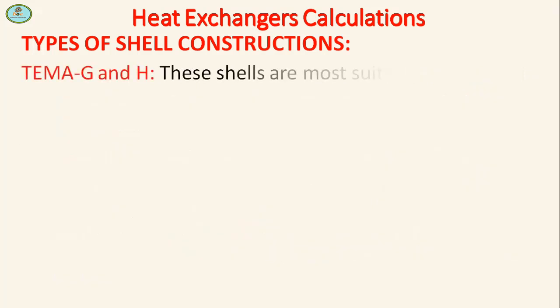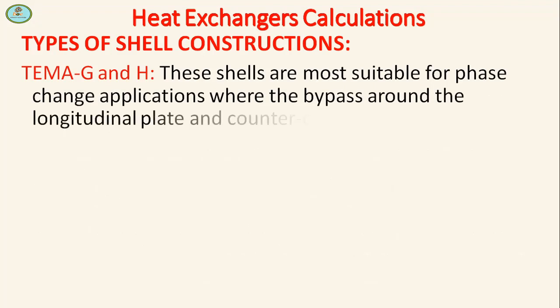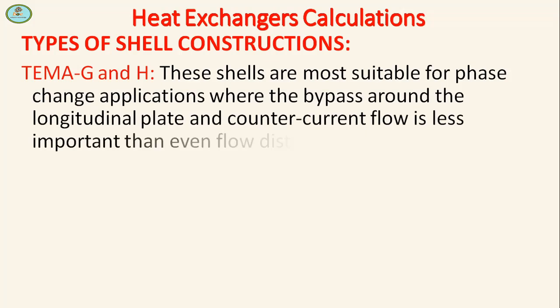TEMA G and H: these shells are most suitable for phase change applications where the bypass around the longitudinal plate and counter current flow is less important than even flow distribution.